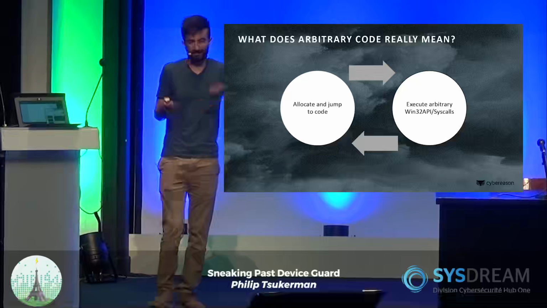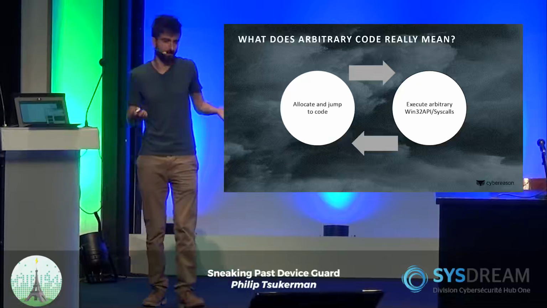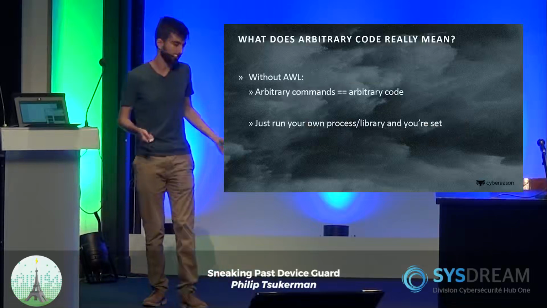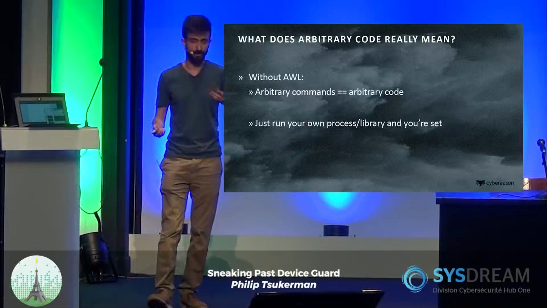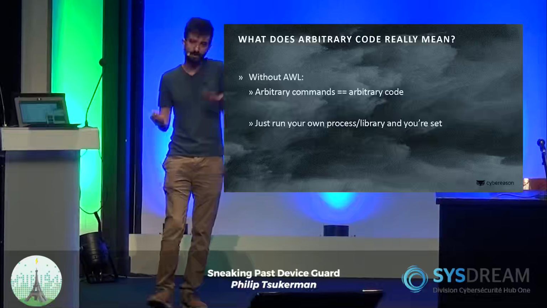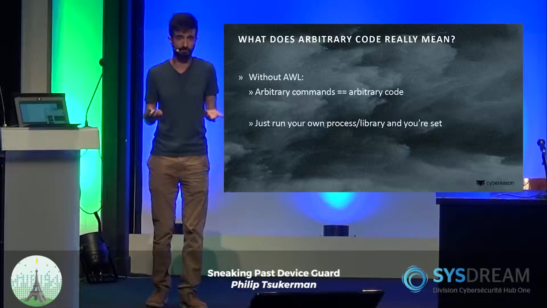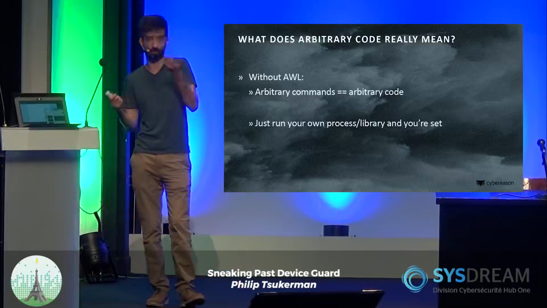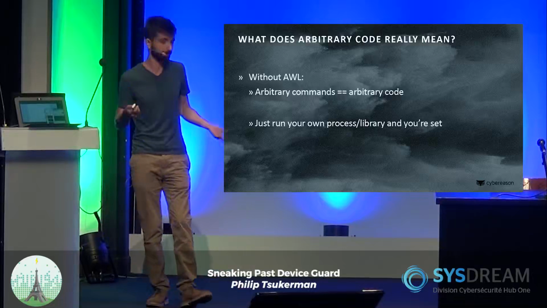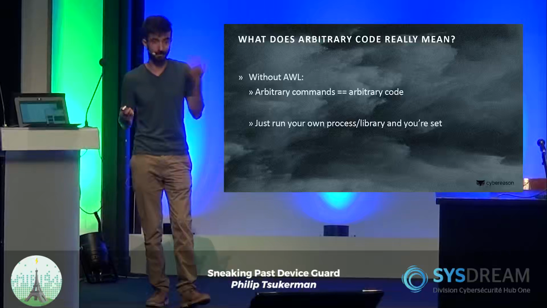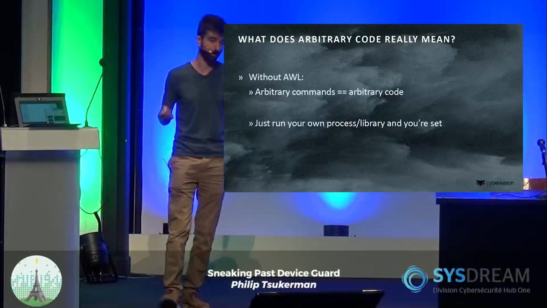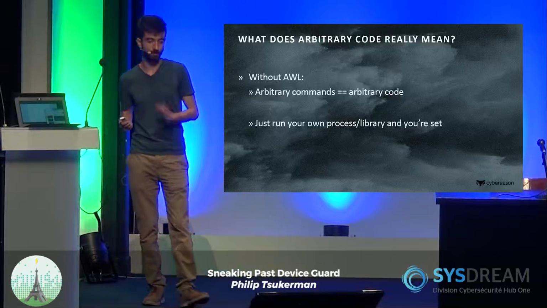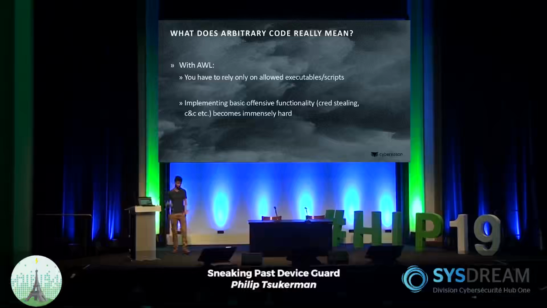Now, this whole definition is a bit useless when you don't have application whitelisting, because without application whitelisting, arbitrary command execution and arbitrary code execution are pretty much equivalent, because I can start an arbitrary process, so I have my own executable, my own library, my own whatever, so I just load it, and it has my code, and I can do anything I want on the machine. But this equation actually breaks the moment you implement application whitelisting.